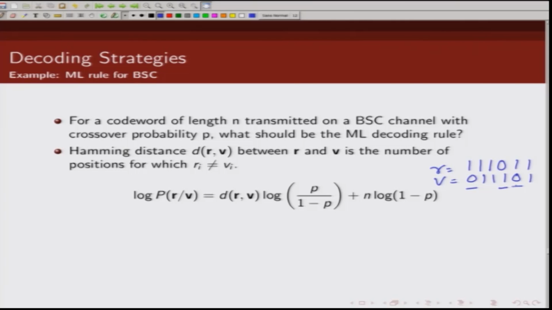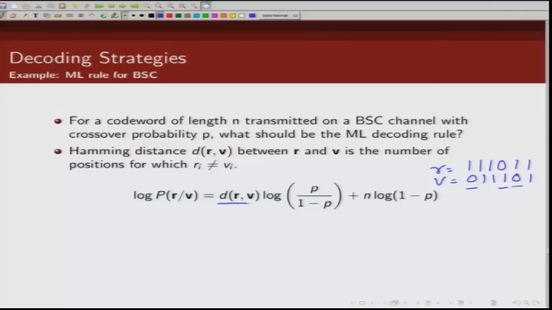Now, when we are sending an n-bit code word over a binary symmetric channel, what happens? Some of the bits will get flipped with crossover probability p. Let us denote the number of flipped bits by d. The Hamming distance between R and V specifies the locations where R and V are not the same, and those are locations where errors have occurred.